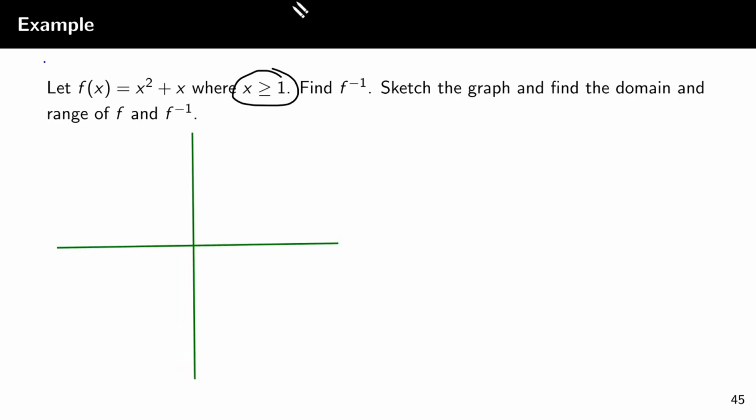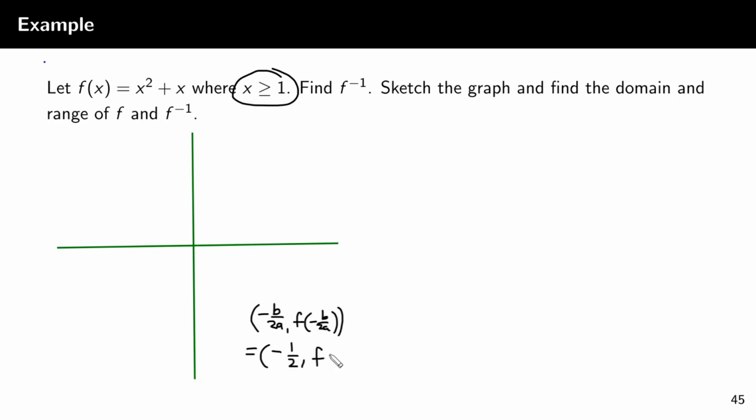Okay. So, nasaan ang vertex ng parabola natin? It will be at negative b over 2a, f of negative b over 2a. So, ano yung negative b over 2a? Negative b here is equal to negative 1, and then 2a is equal to 2 times 1.